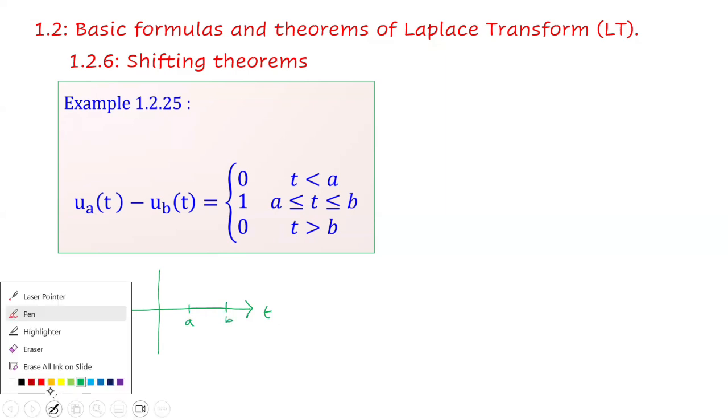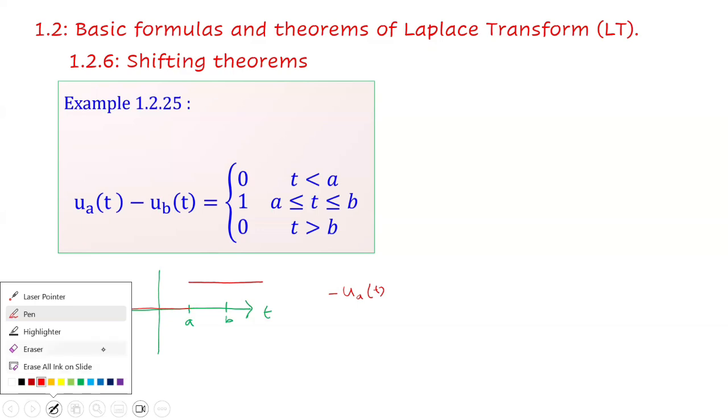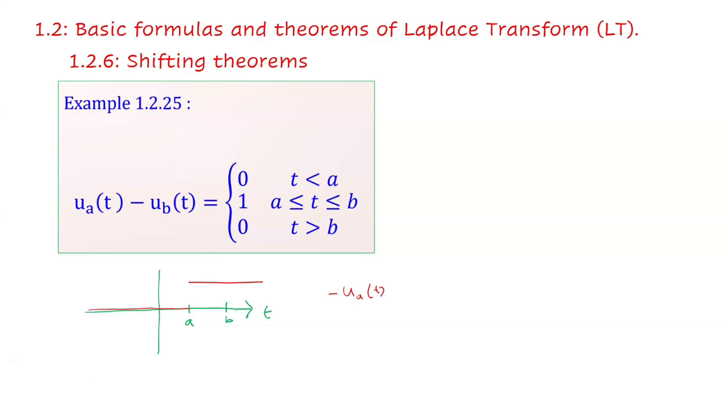So this u_a(t) means it is 0 when t is less than a, and then it is 1. This red color is u_a, and then we take a different color, this color, so this is u_b(t).